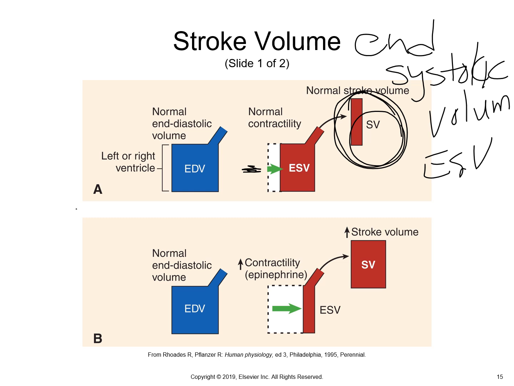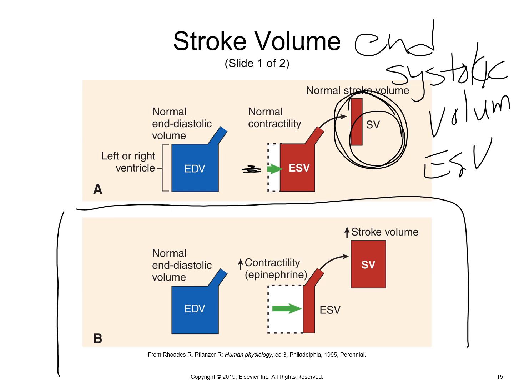All right. Now on the bottom here, we're looking at increased stroke volume as a result of epinephrine. So again, it shows us the effect of epinephrine. We know that's a hormone that increases the heart contractility. So with epinephrine, the ventricles contract more forcefully, so that ESV decreases, because less blood is left in the ventricle after contraction.